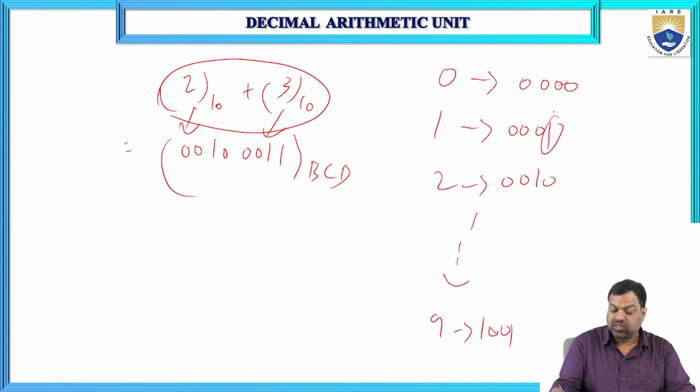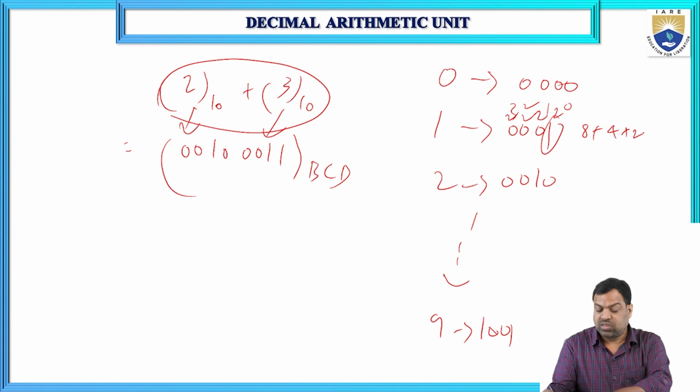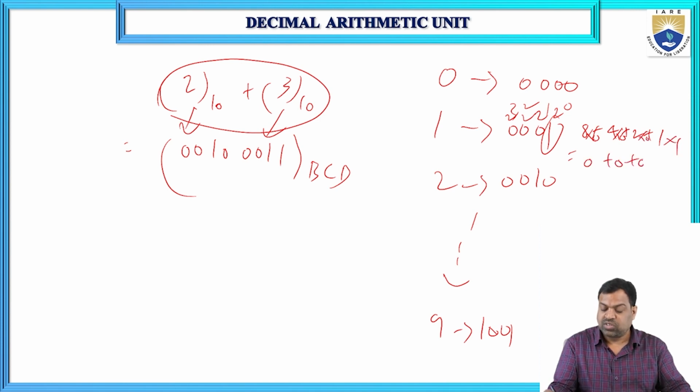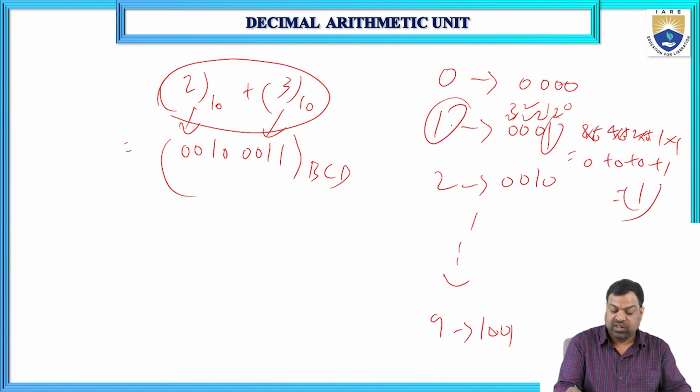We get this using 2 power 0, 2 power 1, 2 square, 2 cube, that is 8 plus 4 plus 2 plus 1. But here all zeros are there: 8 into 0, 4 into 0, 2 into 0, and only 1 into 1. 0 plus 0 plus 0 plus 1 equals 1. So did we get 1 here? Yes, 1.